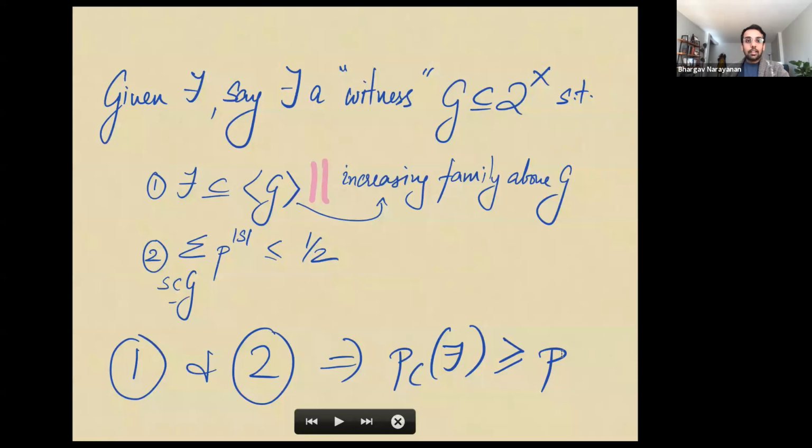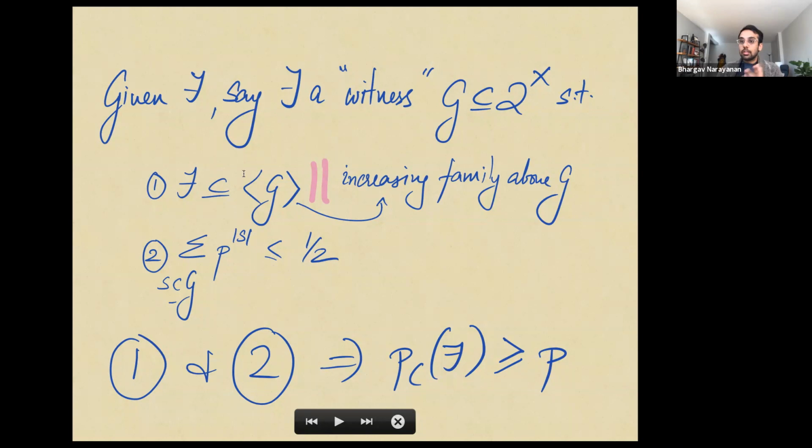And why is that? Well, the p-biased measure of F is at most the p-biased measure of the upset over G, because F lives inside the upset over G. And what is the p-biased measure of the upset over G?